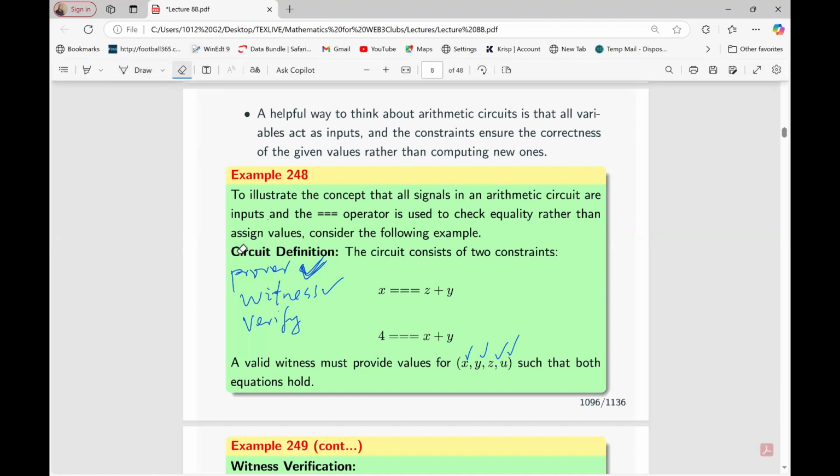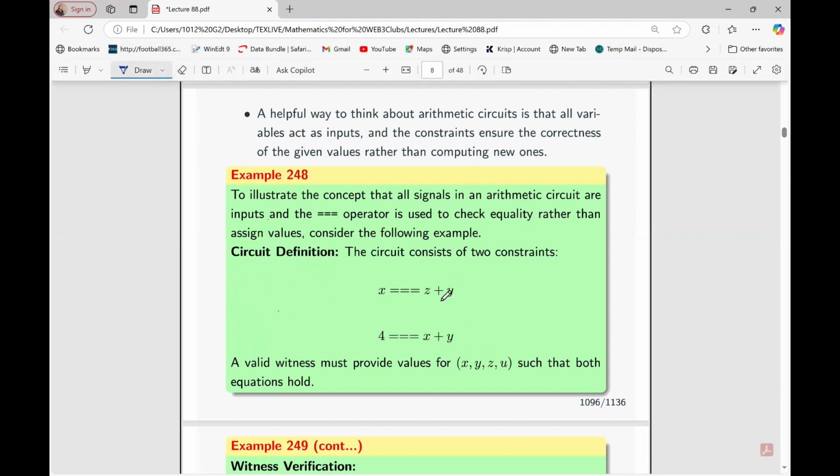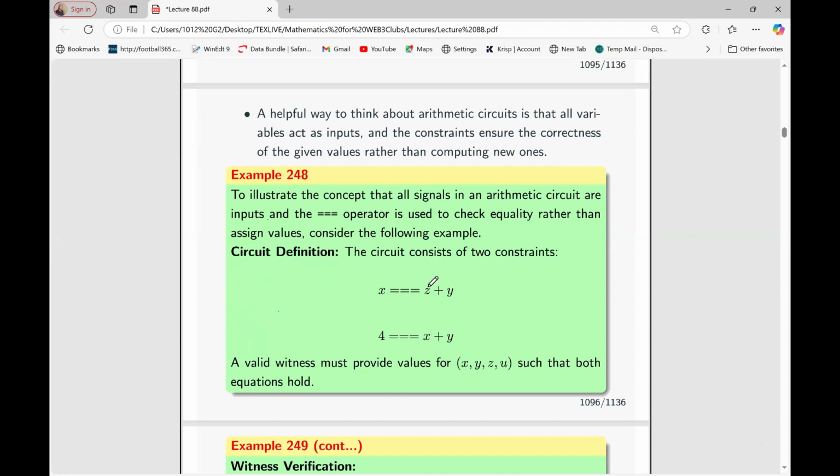These values that the prover is providing are not necessarily what he knows. The answer that he knows could be 2, but he may be providing maybe 3. Once he provides that 3, you verify that the 3 that is provided and maybe the 4 that is provided fulfills the x here, and also whatever is provided here fulfills this.